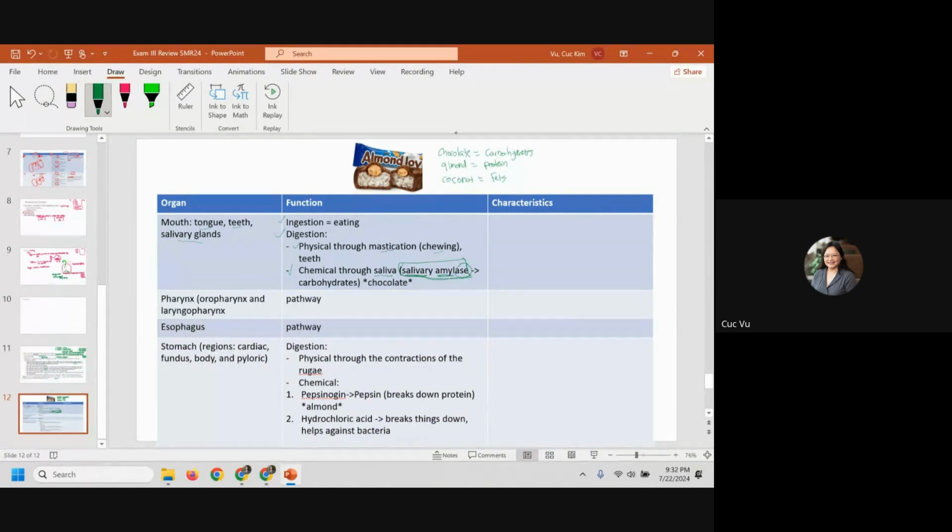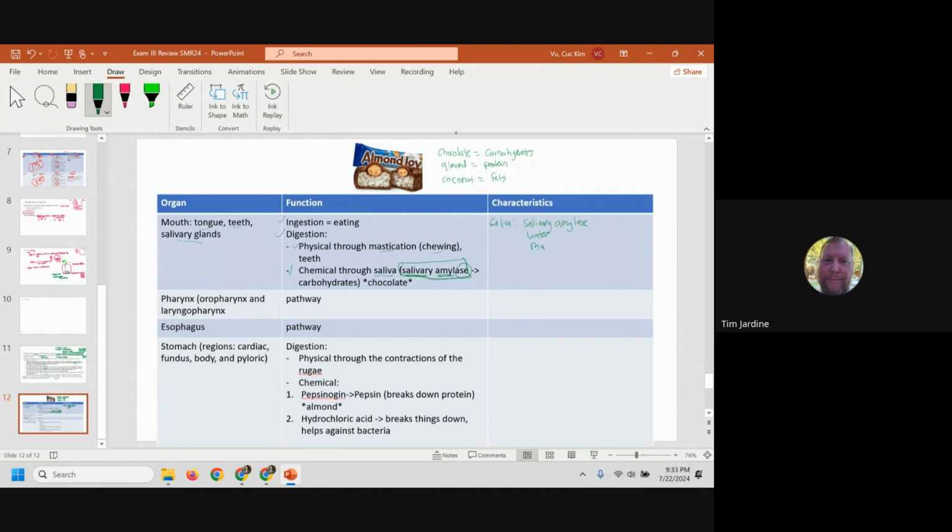Now, it turns out that saliva has more than just salivary amylase. So what are some of the components of saliva? We know salivary amylase is one. What else? You've got water. What else? Water and mucus. Mucus.